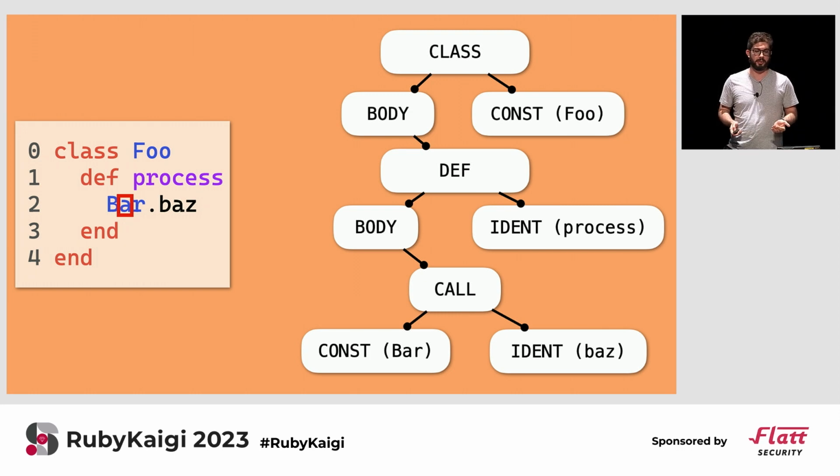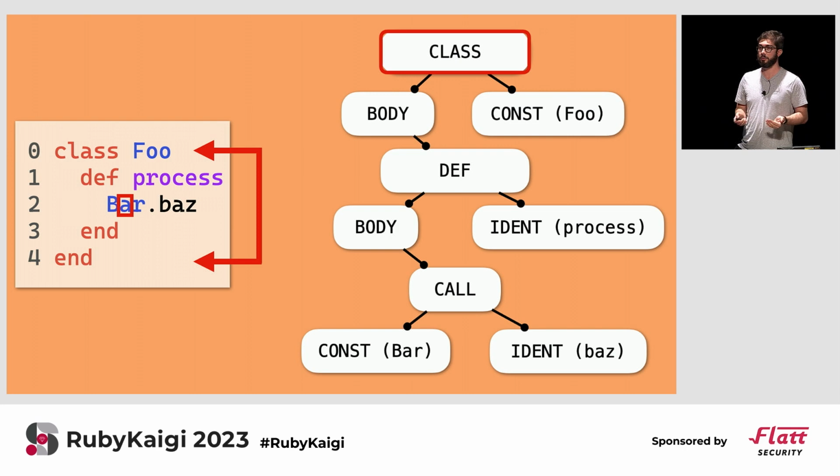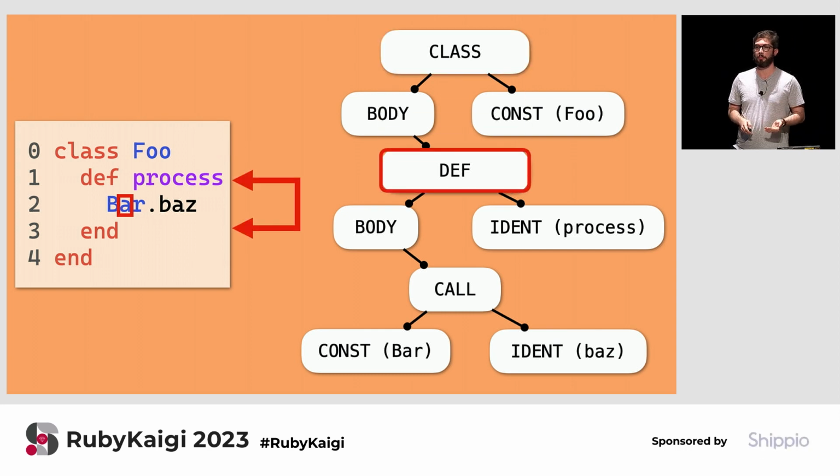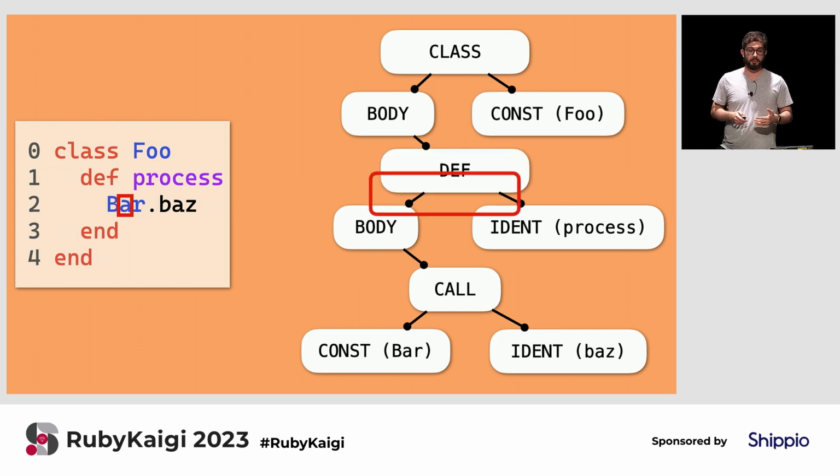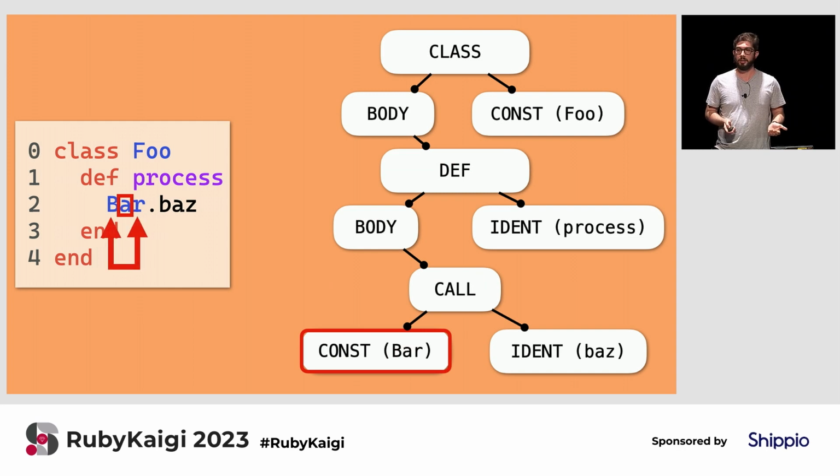So for example, if we take a look at the class node, it goes from line 0 to 4. So it fully covers line number 2 and the A character in bar. If we take a look at the method definition for process, it goes from line 1 to 3. It also fully covers the A character in bar. And if we take a look at the actual target, the constant bar, it also covers the location that was requested, but in a more specific way.